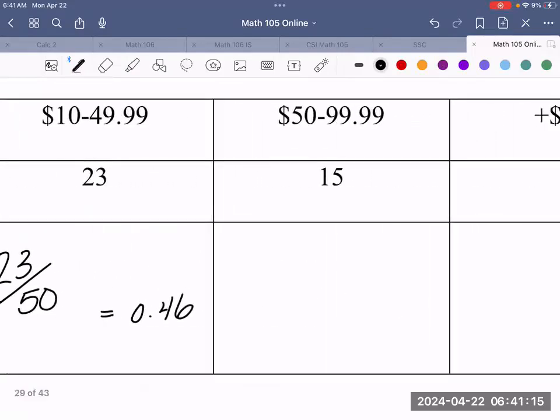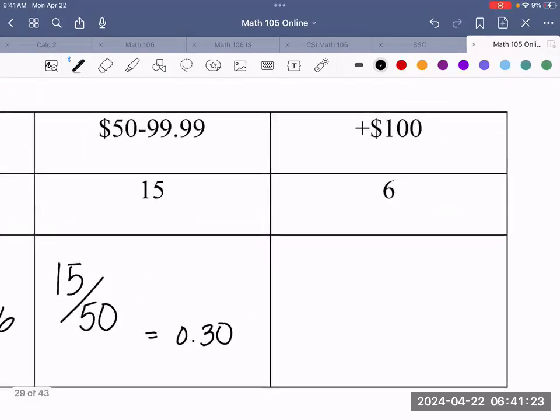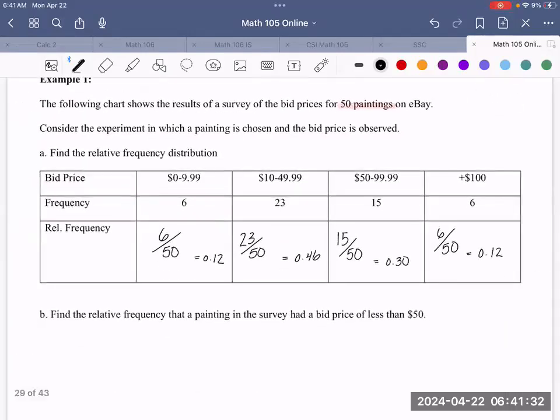And again, 15 out of the total 50. And one more time, 6 out of the total 50. So this would be your relative frequency distribution table.